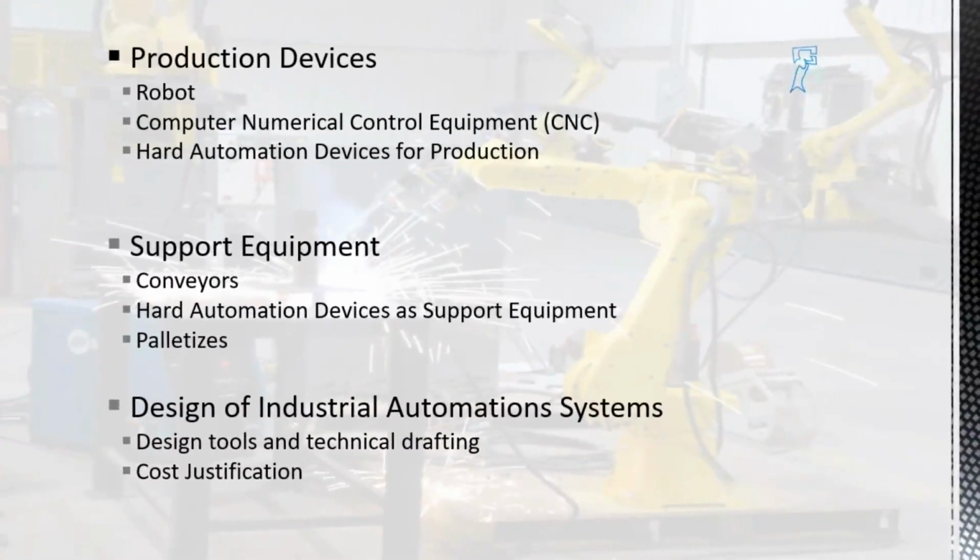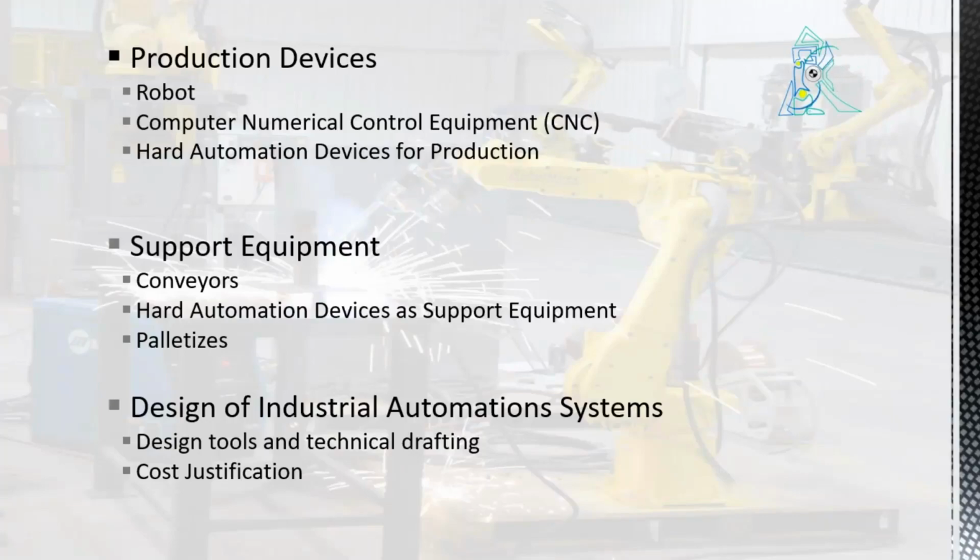An automation system can be divided into three big divisions, involving the production devices, support elements, and of course the design of industrial automation systems.